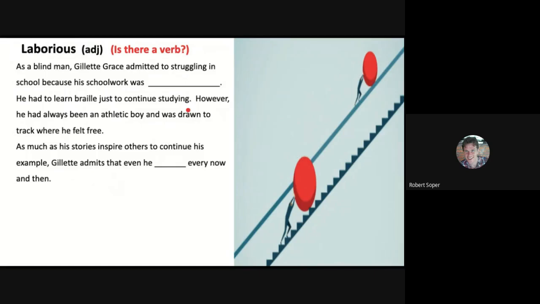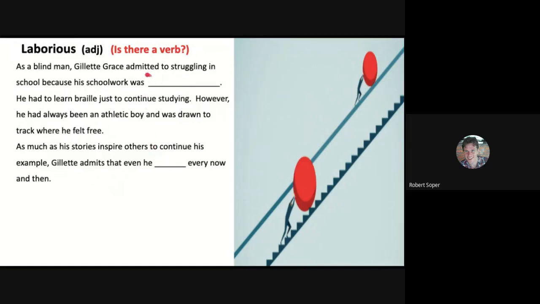So you use your sense of touch instead of your sense of sight. However, he had always been an athletic boy and was drawn to the track where he felt free. As much as his stories inspire others to continue his example, Gillette admits that even he labors every now and then.